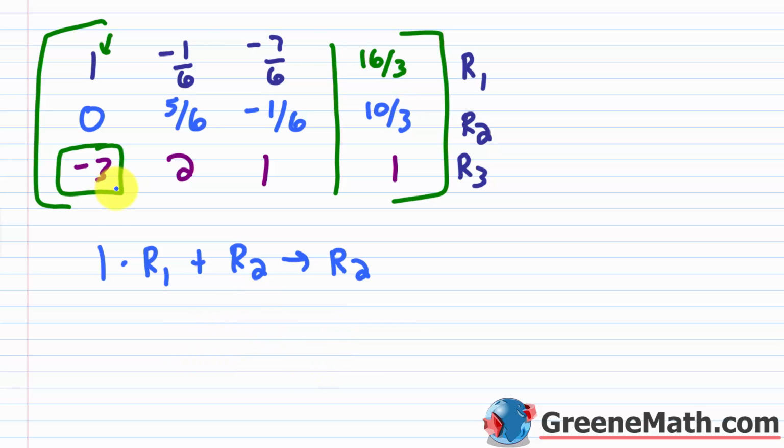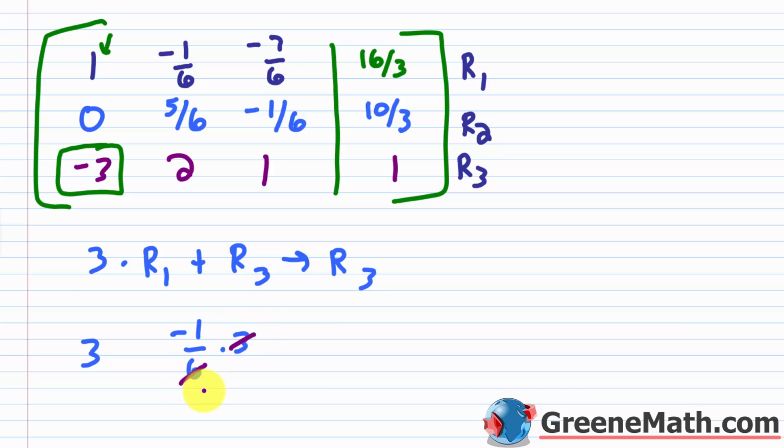So to get a 0 here, I use the same concept. I'm going to use that 1 there. And again, the opposite of -3 is 3. So I'm going to multiply row 1 by 3 and add the result to row 3. That's going to give me my new row 3. So 1 times 3 is 3. -1/6 times 3 is what?